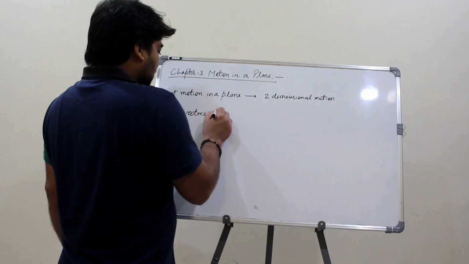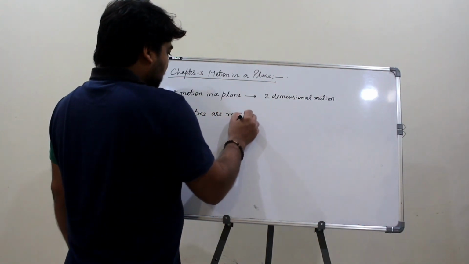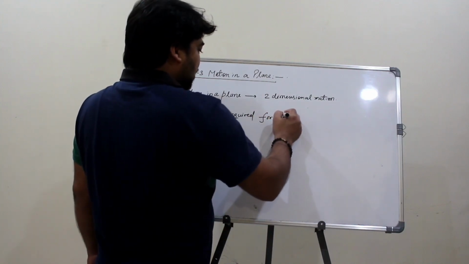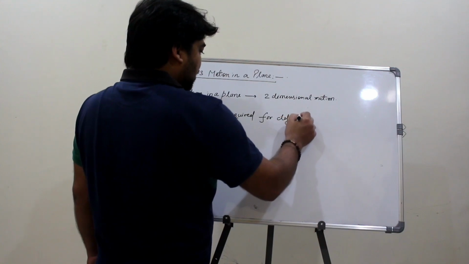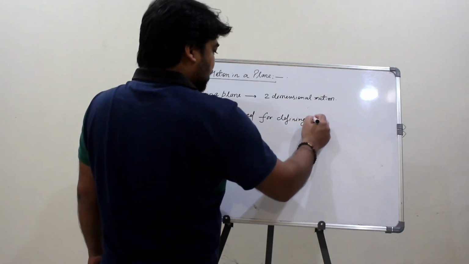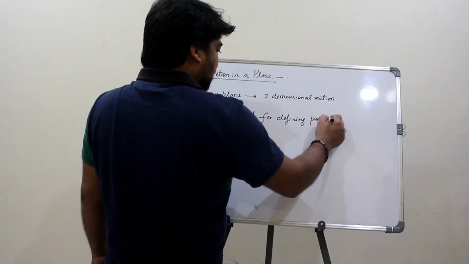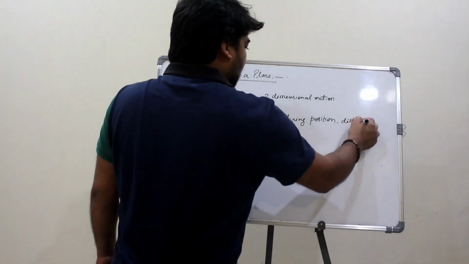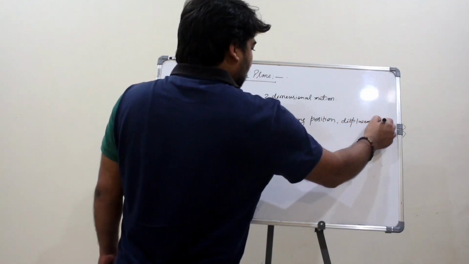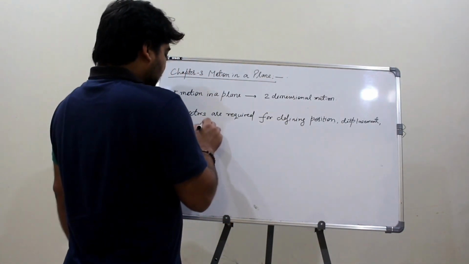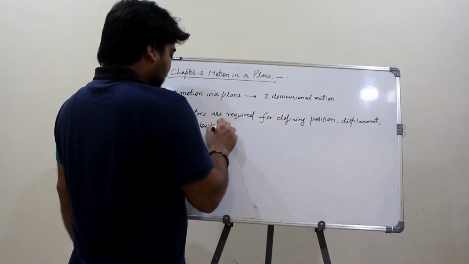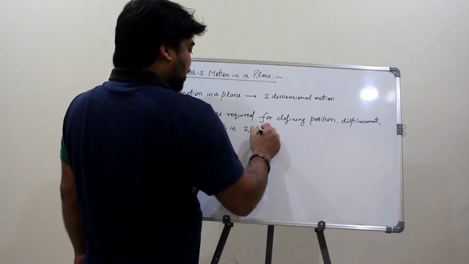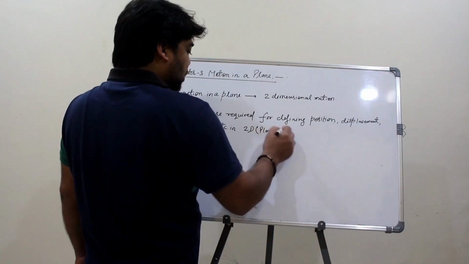So vectors are required for defining position, displacement, velocity etc. in 2 dimensions, or basically in a plane.